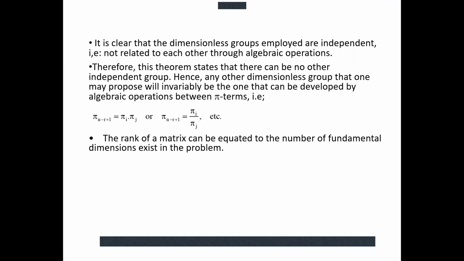Therefore, this theorem states that there can be no other independent group. Hence, any other dimensionless group that one may propose will invariably be one that can be developed by algebraic operations between pi terms.